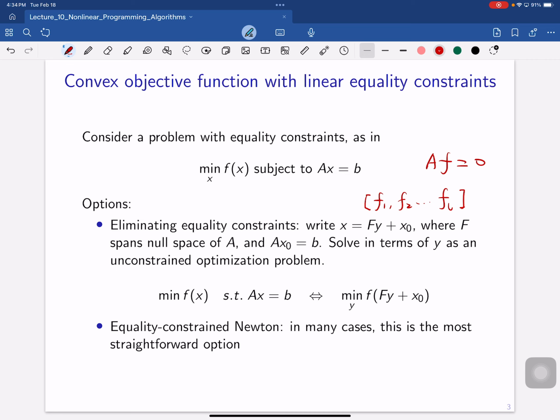Therefore, if x0 satisfies Ax equals b, any linear combination of these vectors in the null space plus x0 also satisfies Ax equals b, right?